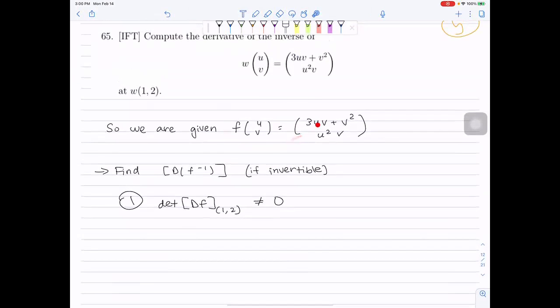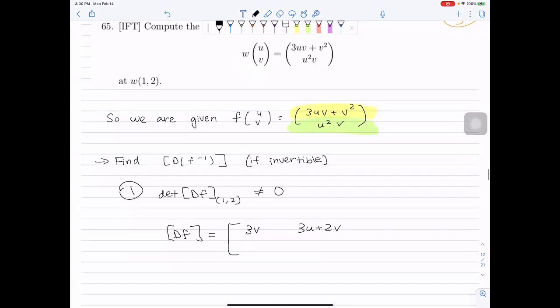Right now we're given our function, which is this. So what should our df be? We take our first output, highlighted in yellow, and take the derivative with respect to u. That gives us 3v. Then the derivative with respect to v is 3u plus 2v. Then we take the second output in green.